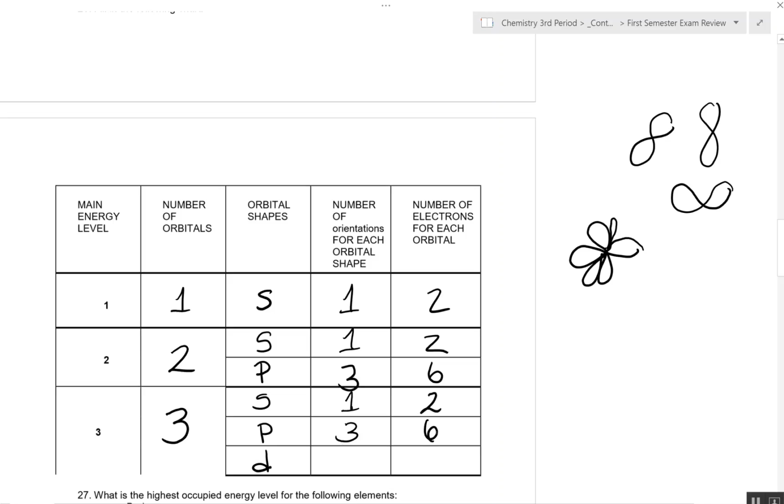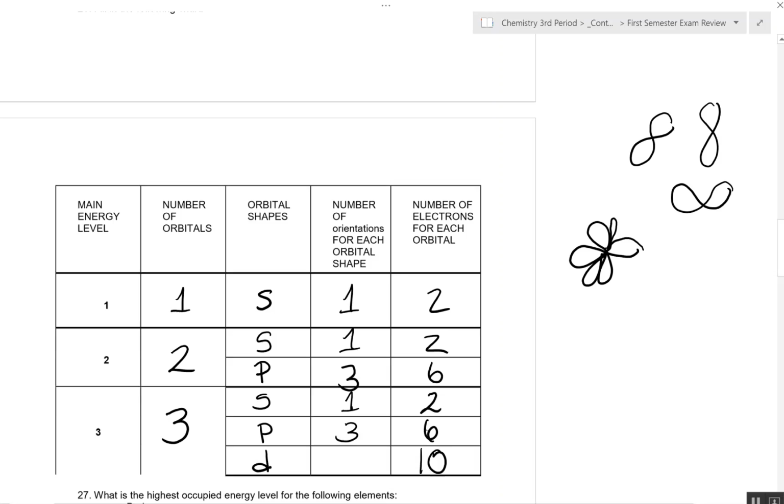P's always have 6. How many do D's have? It's the same number as the transition metals across. Nope. Count the transition metals. Physically count them. 10.